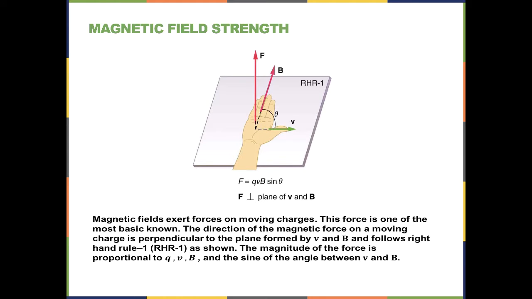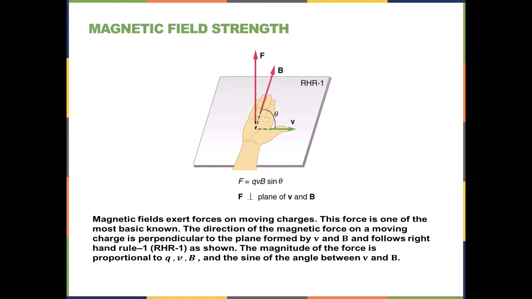Here's another example. Magnetic fields exerted on moving charges. This force, the Lorentz force, is one of the most basic forces in nature and in physics. The direction of the magnetic force on a moving charge is perpendicular to the plane formed by the velocity or movement of the charge and the magnetic field, and follows the right-hand rule as shown.